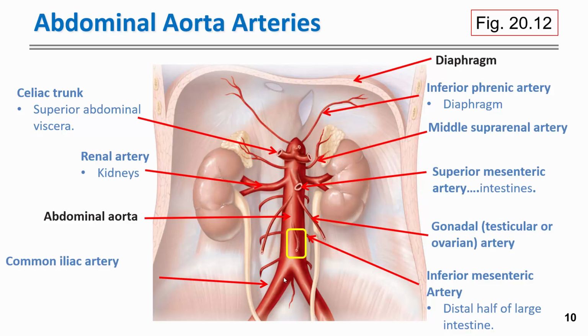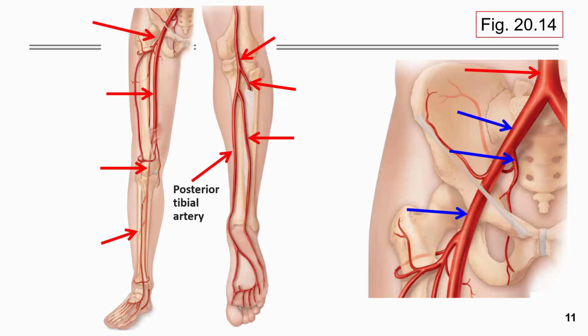And then the abdominal aorta will branch into the right and left common iliac artery, and the branches will serve the abdominal wall, further tissues within the genital area, and they will continue into the lower limb.